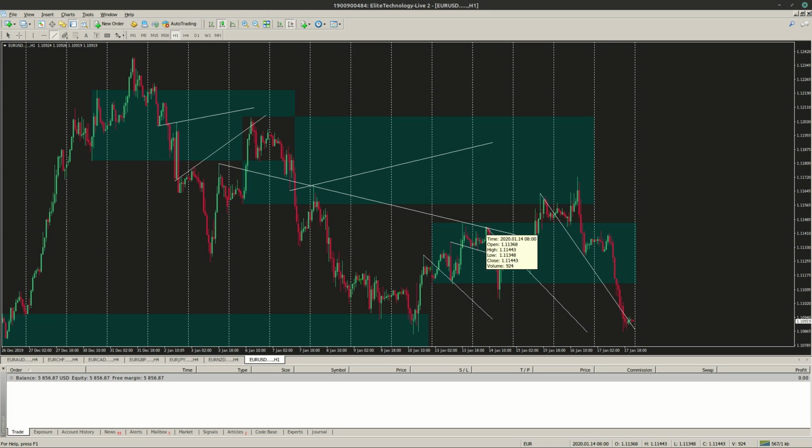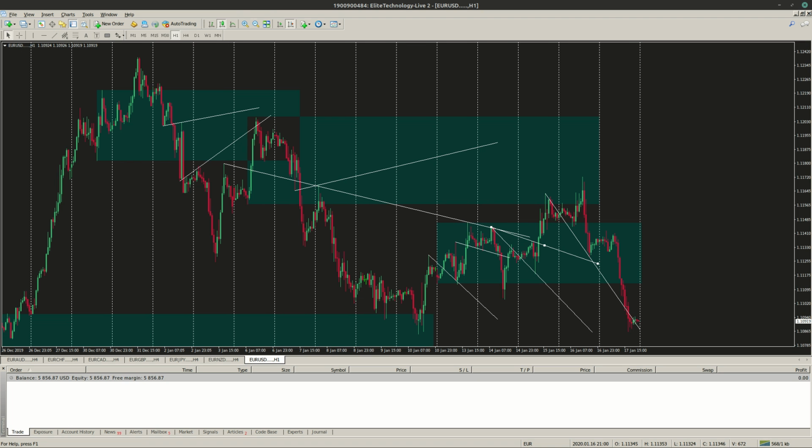At the lower walls, we were talking about a rally which went to the tune of almost 1200 pips, from around the 30 area to the 42 area. That's a very, very significant rally.